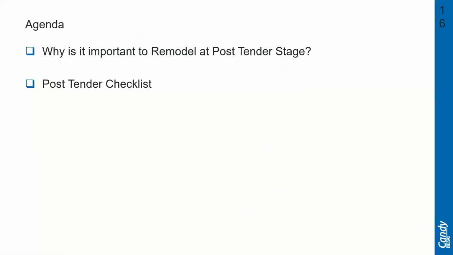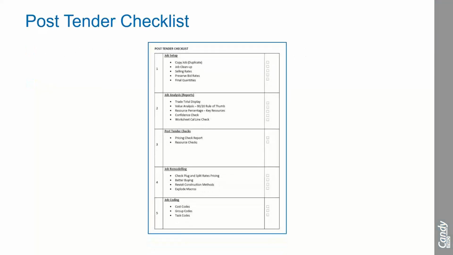Now, on the next topic of today's webinar, I'd like to take you through our standard post-tender checklist that can be used as a guideline for our Candy users. It is essential to do the following checks on every new project under the Estimating Application tab before setting up the initial valuation setup for the job.